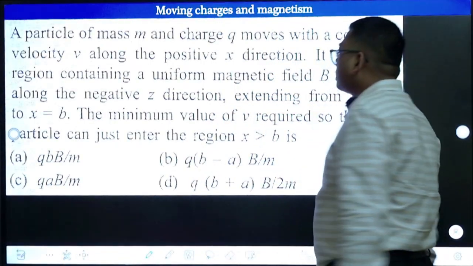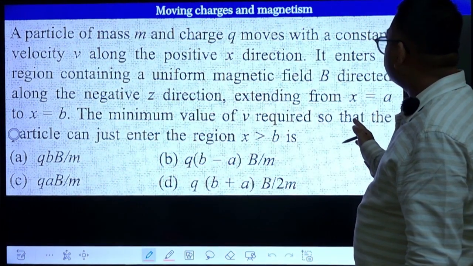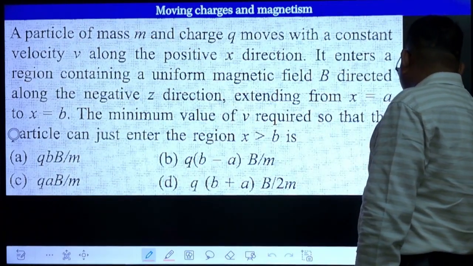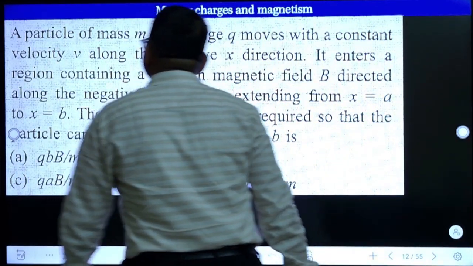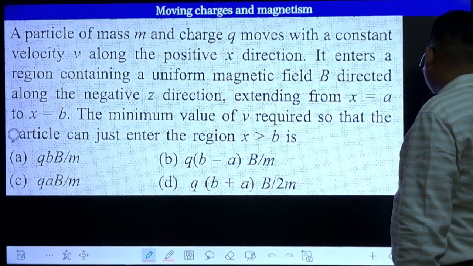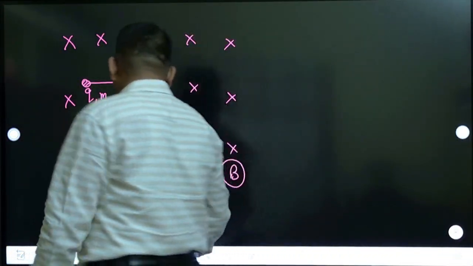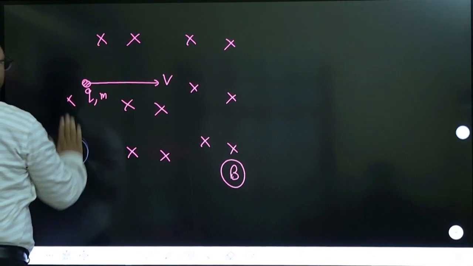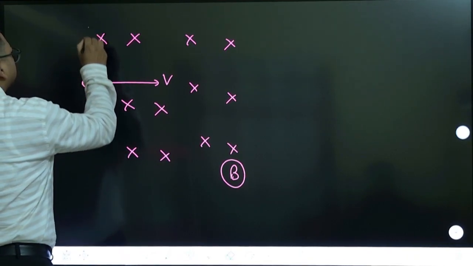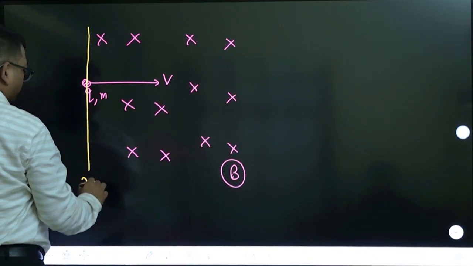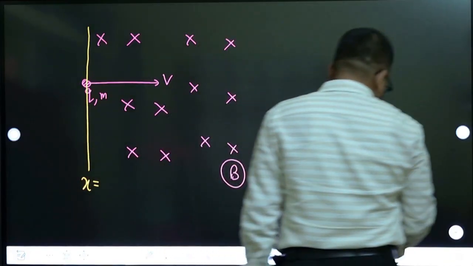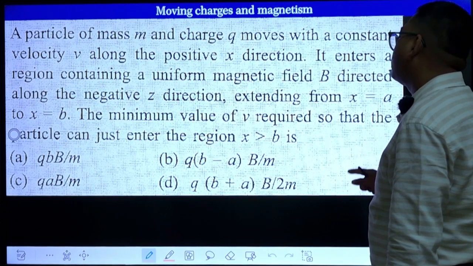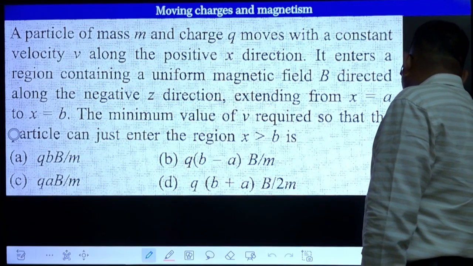They are saying the magnetic field extends from x equal to a to x equal to b, so it is not present everywhere. The minimum speed is required so that the particle can just enter the region x greater than b.